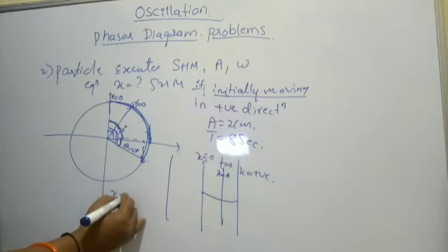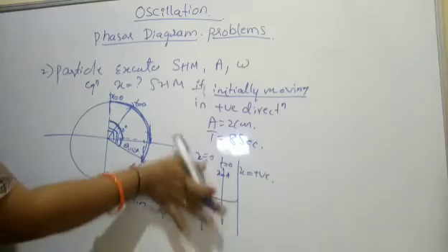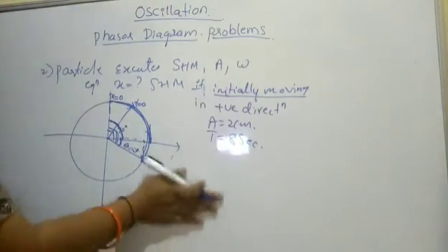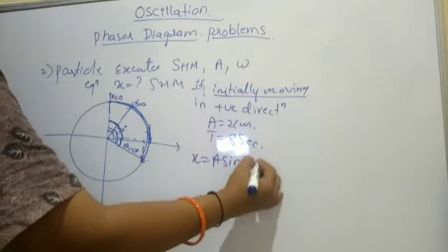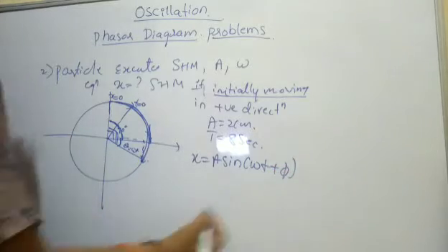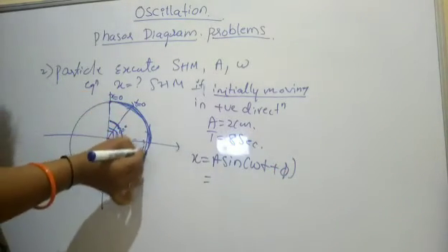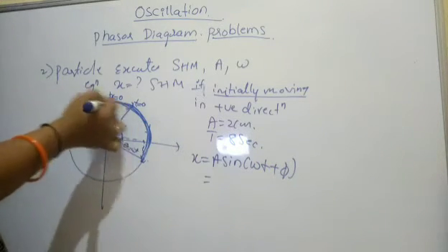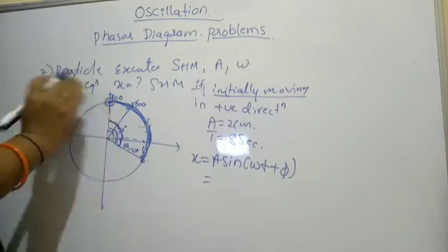So directly you can go ahead with x is equal to a sine omega t plus phi. As the particle is moving from here, the distance is always measured from this point, throughout the circular form, always measured from the beginning point.